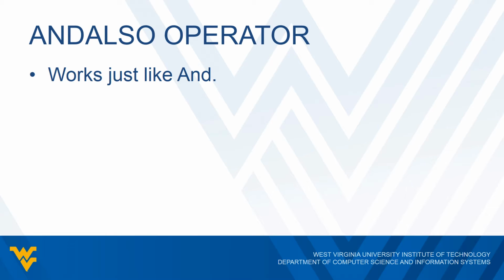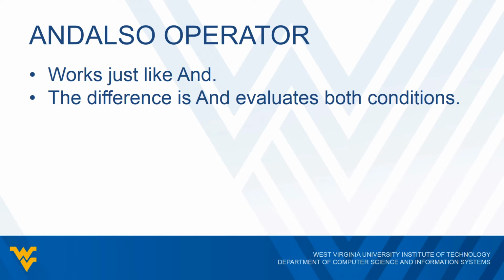If both of them are true, the whole thing is true, and if at least one of them is false, the whole thing is false. No difference there. The big difference is how they are evaluated. So with the AND operator in Visual Basic, not other programming languages, but in Visual Basic, both conditions are evaluated no matter what. If one is false, the other is true, doesn't matter, they both get evaluated.